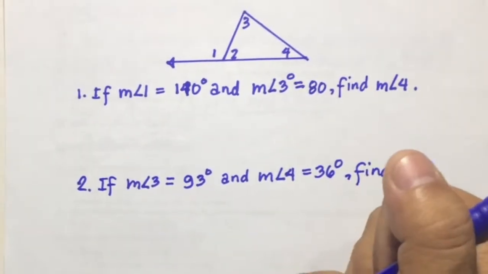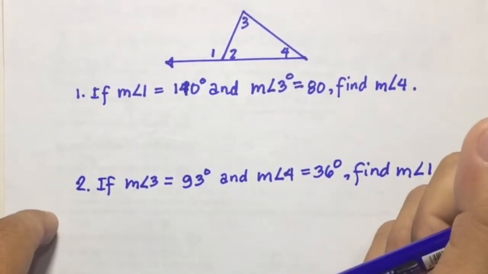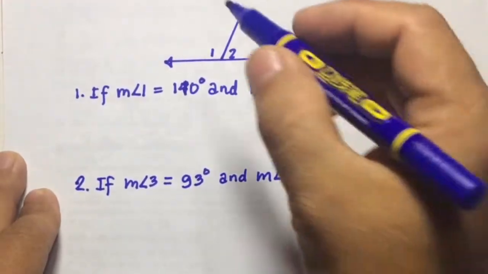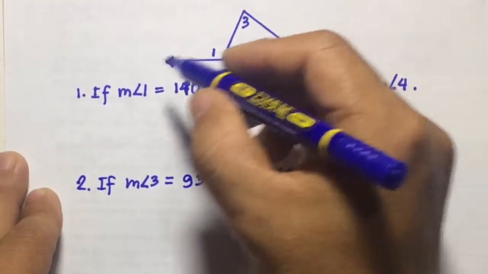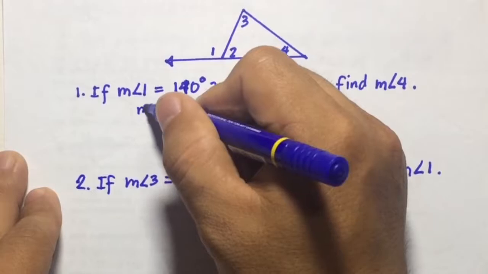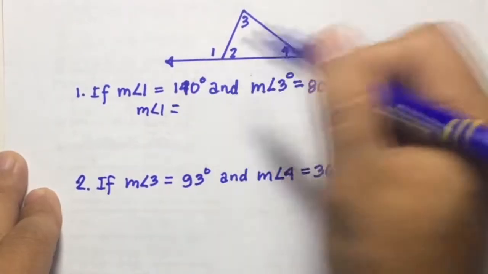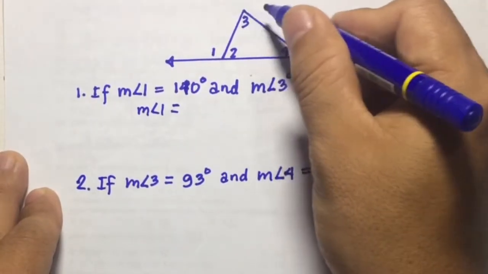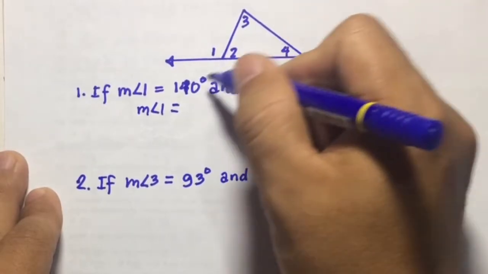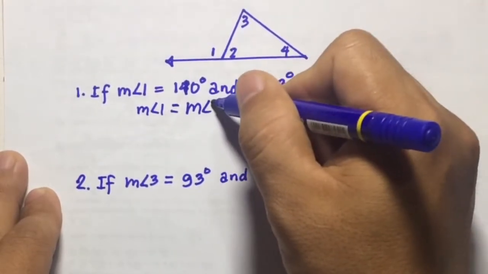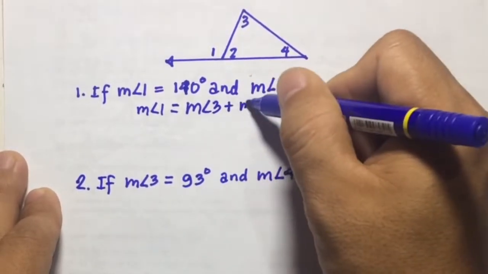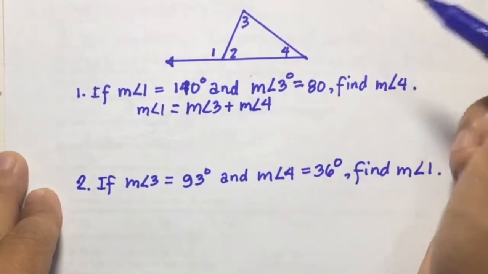To solve this, we use the exterior angle theorem: the measure of the exterior angle, measure of angle 1, is equal to the sum of the measures of its two remote interior angles, measure of angle 3 plus measure of angle 4.